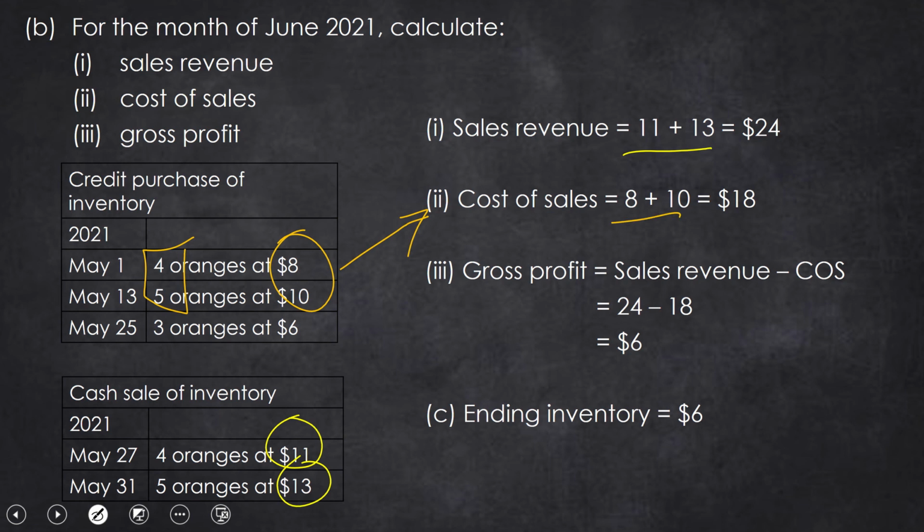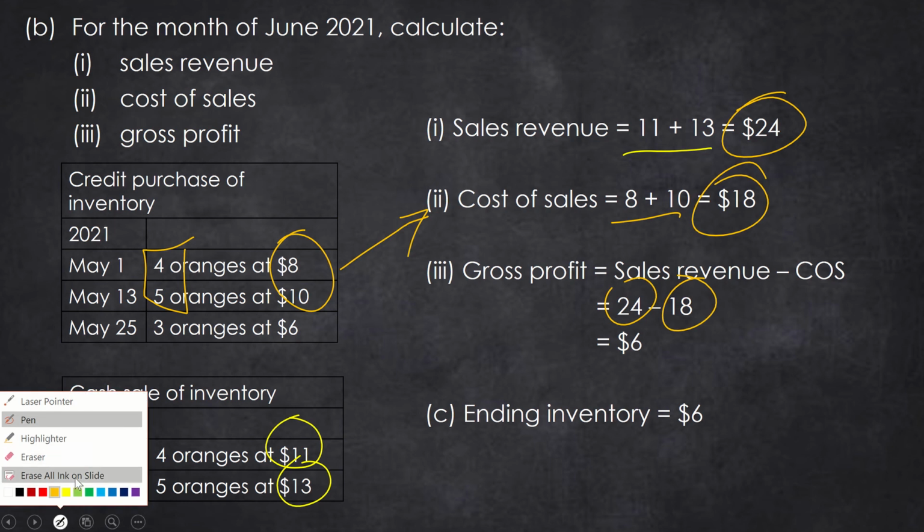Now, how do I calculate my gross profit? Gross profit is sales revenue minus cost of sales. $24 minus away $18, which would leave me $6. $6 is my gross profit. I earn $6 from buying and selling oranges.